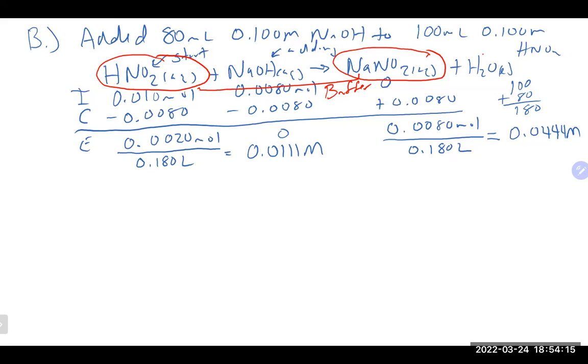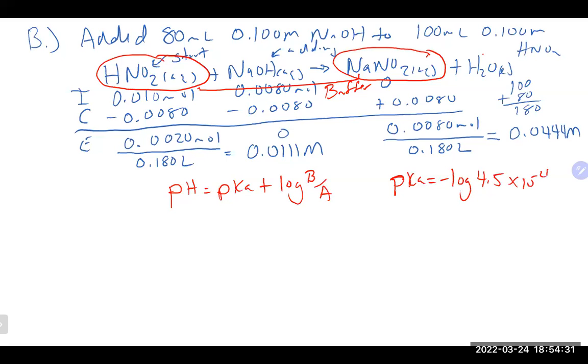Again, if you wanted to ice table it, you can. So our pH is equal to our pKa plus the log of the base over the acid. Our pKa is equal to minus the log of the Ka value, which is 4.5 times 10 to the minus 4. That's going to give us a 3.35 there for our pKa value.